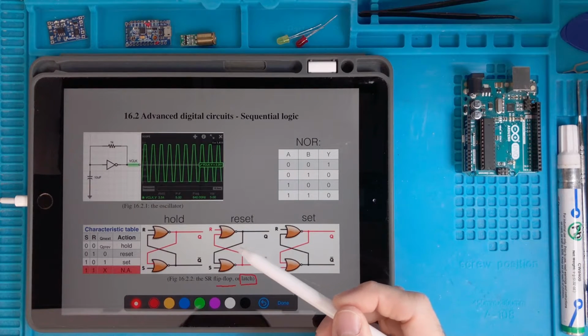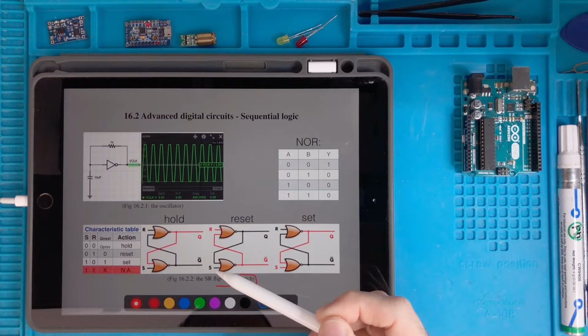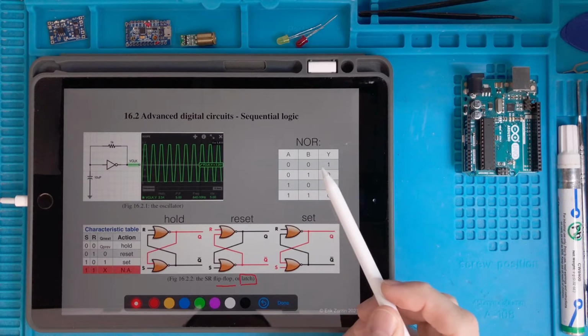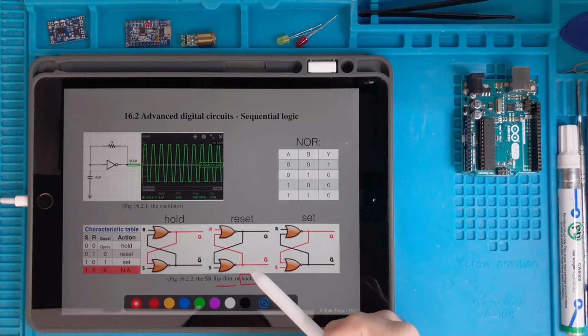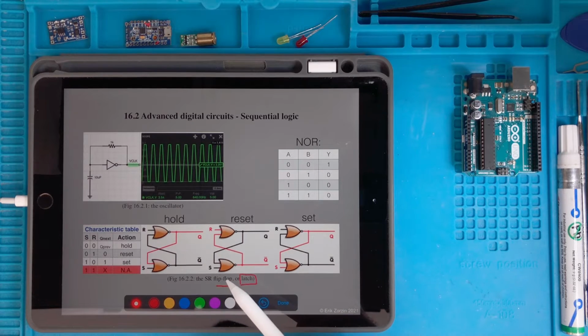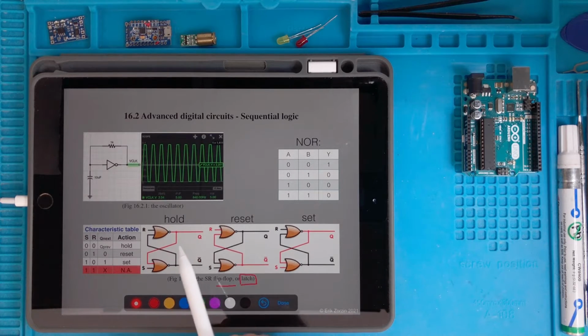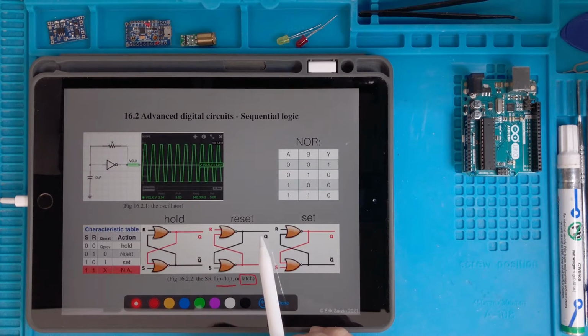So this is 0 and this is 0. So 0 and 0 makes a 1. Here we have a 1 that goes here. So from this condition, by resetting this device, the output, which is called Q, went from 1 to 0.